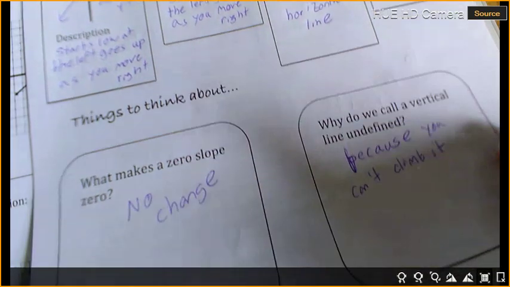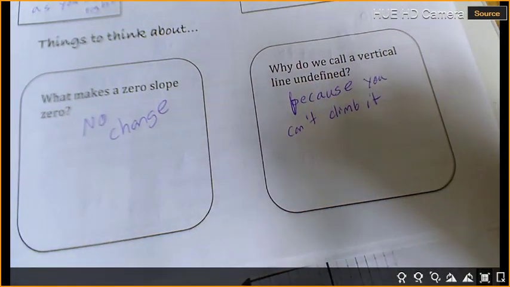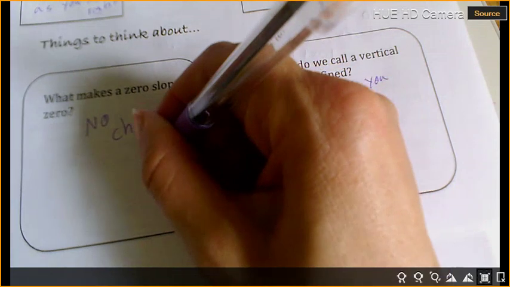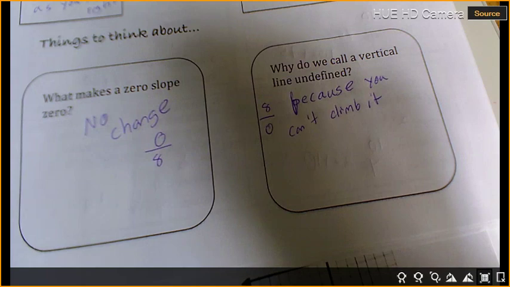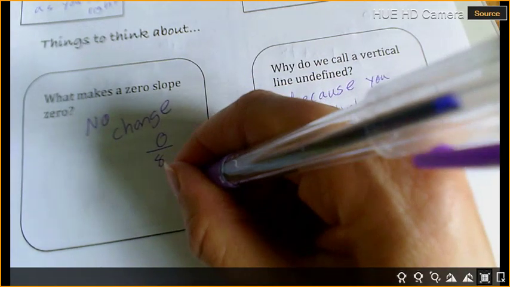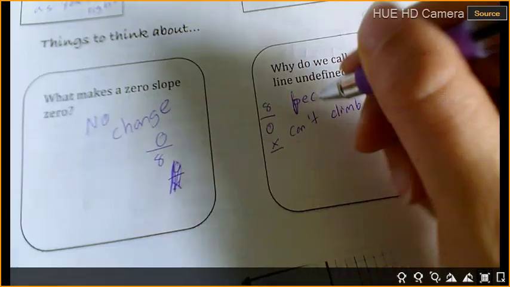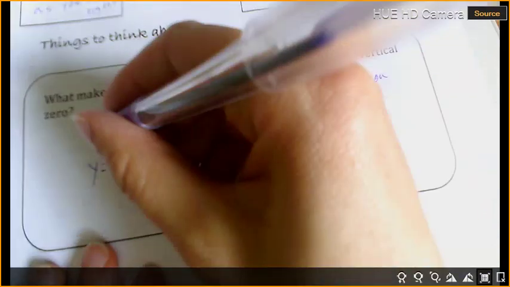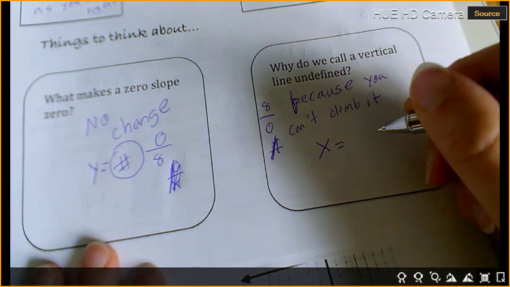Did you say anything different for 0 or undefined? We talked about how the slope for the 0 slope is 0 over some number, and then the slope for the undefined is some number over 0. And the equation is y equals some number when it's 0, and x equals some number when it's undefined.